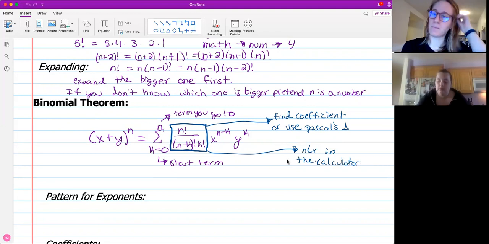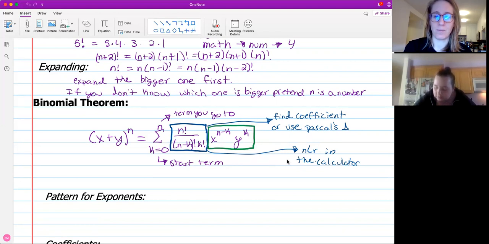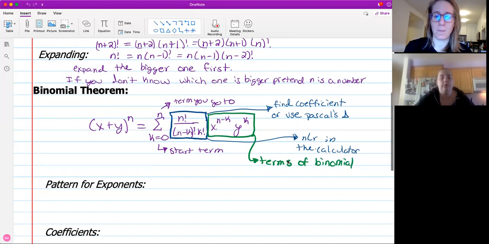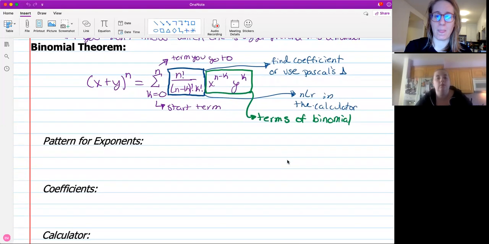Okay. And then this green piece here is just the terms of your binomial. So your exponents are going to follow those patterns.